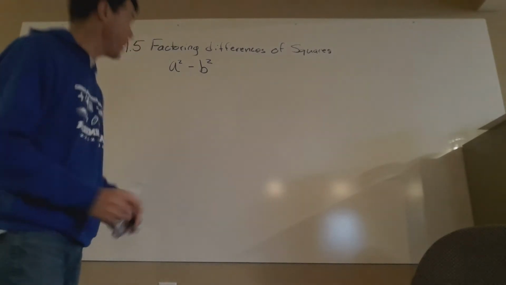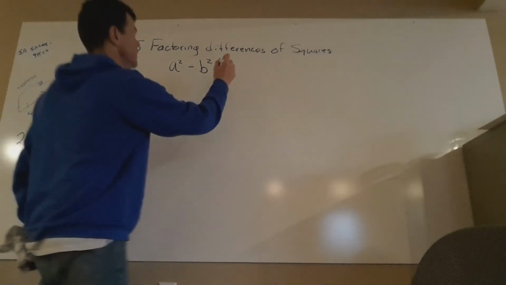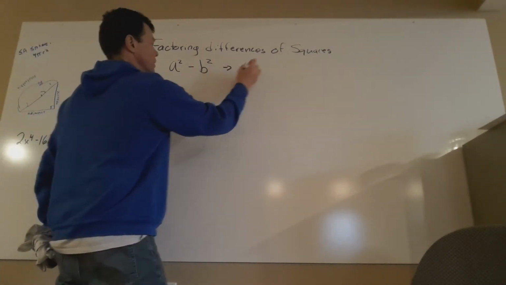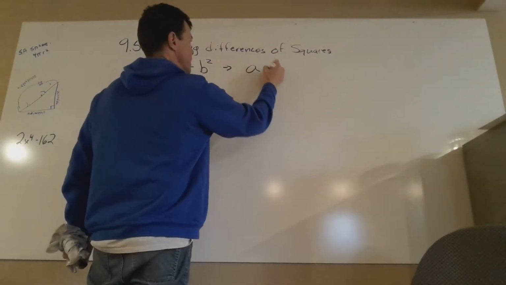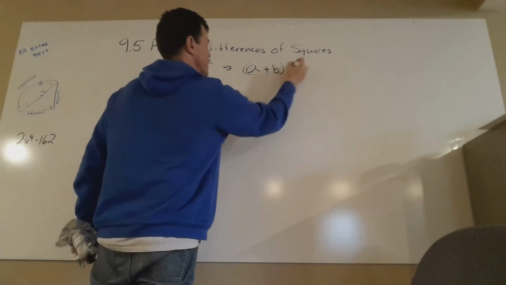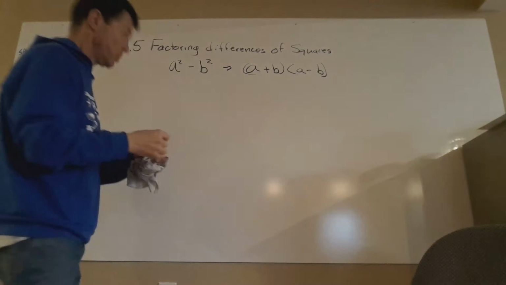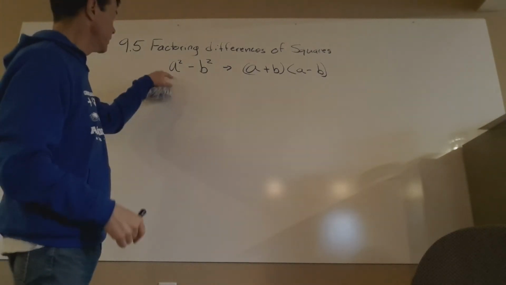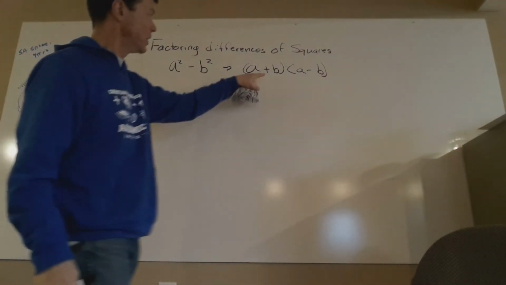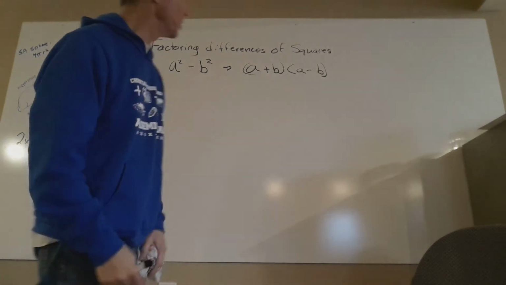That follows a pattern to factor these: a plus b and a minus b. So you take the square root of the first term and the square root of the second term. One is an addition, the other is subtraction.